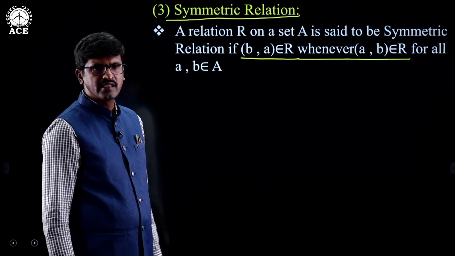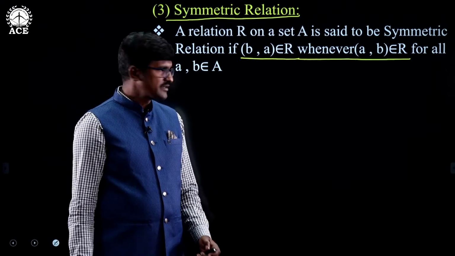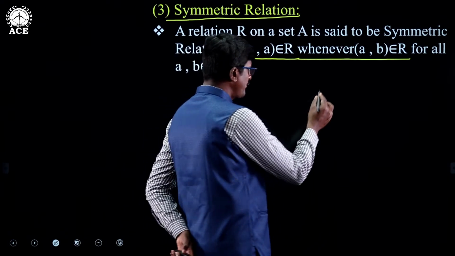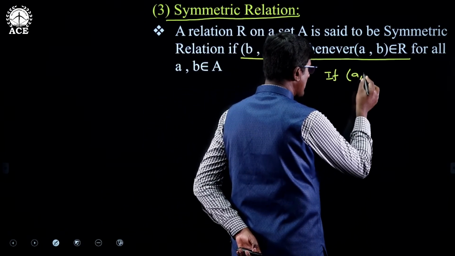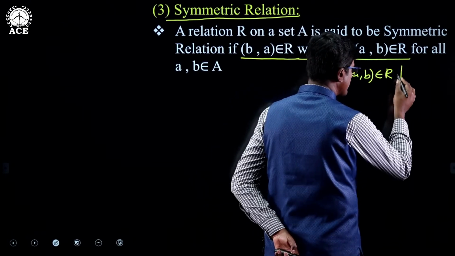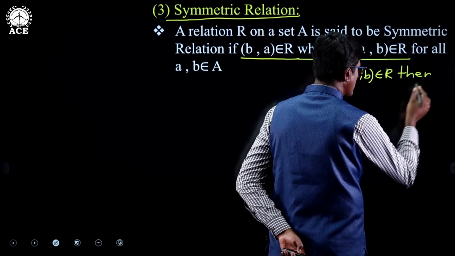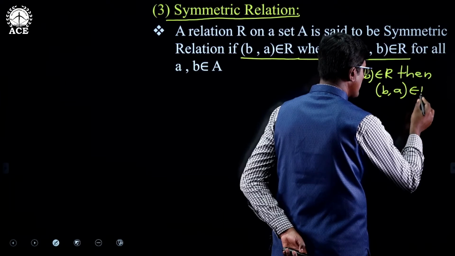If (B, A) is also there, then such a relation is called a symmetric relation. Symmetric relation says if (A, B) belongs to R, then (B, A) belongs to R.